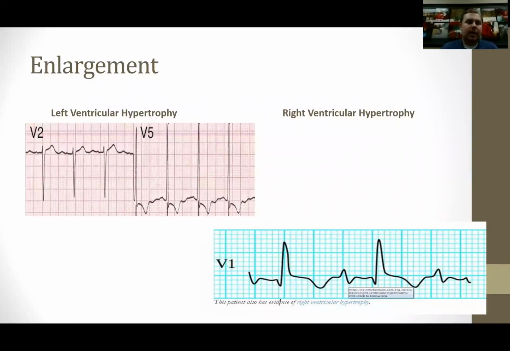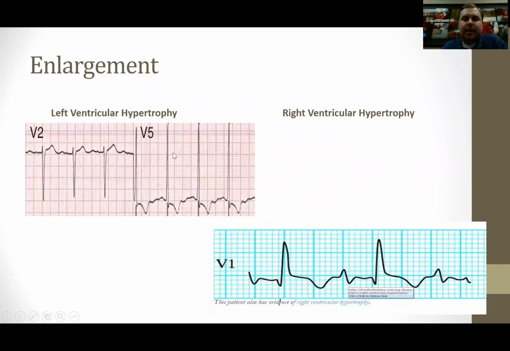So that would be greater than 120 milliseconds, which would be a really long P wave. And usually it has 2 little humps. In lead 2 or in lead 1, it would be a positive P wave followed by a negative end of that P wave that dips below the isoelectric line.